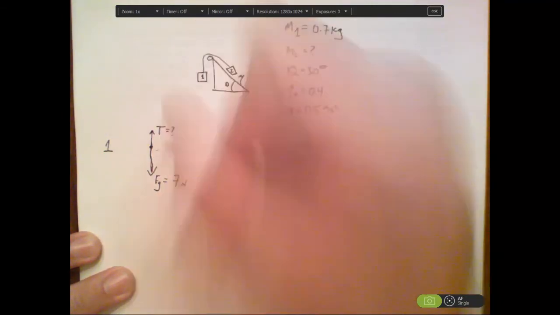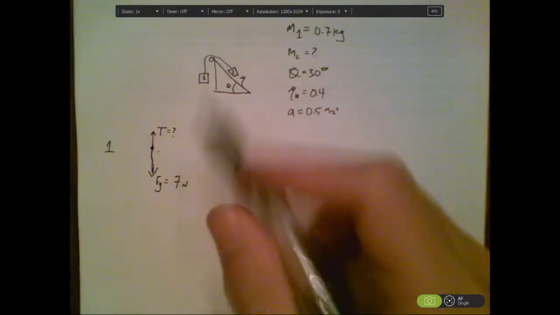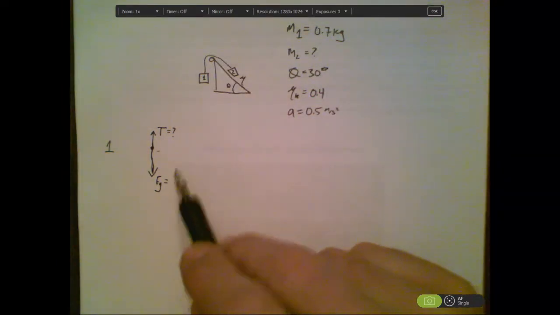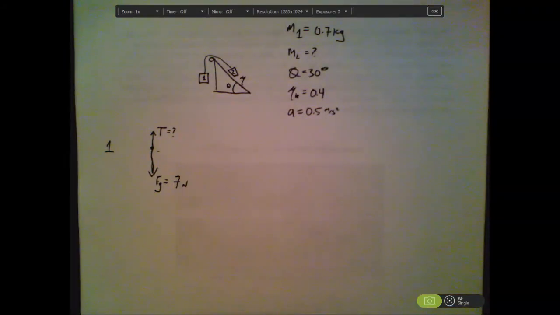It is unknown. It is accelerating downward, which means the block on the ramp is being pulled up the ramp, so we can assume that gravity is larger than the tension. We don't know exactly what it is yet.